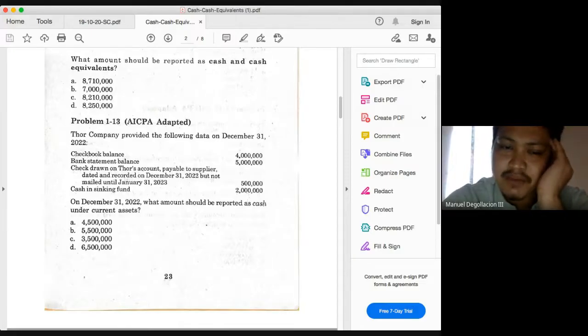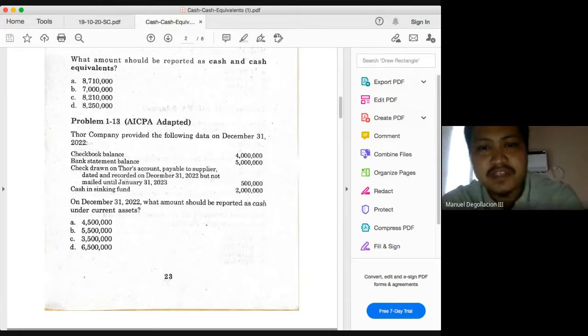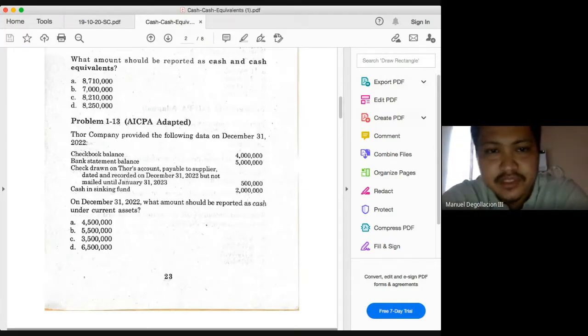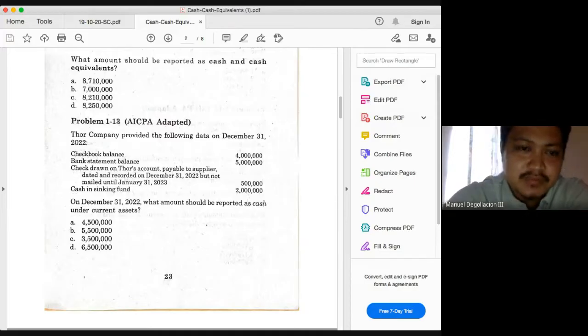Because as far as the bank is concerned, class, the bank has no knowledge of this transaction because we recorded the payment, but we have only mailed the check on January 31, 2023. So when we receive the check, the bank statement balance on December 31, 2022, obviously has not taken into account this 500,000. So the 500,000 here should be an adjustment to the checkbook balance.